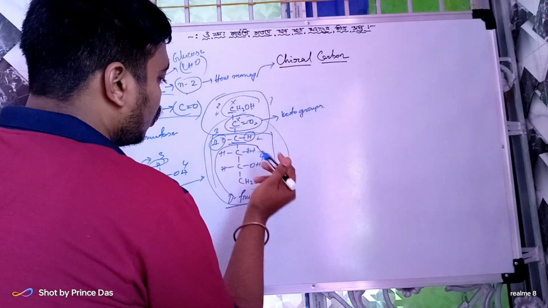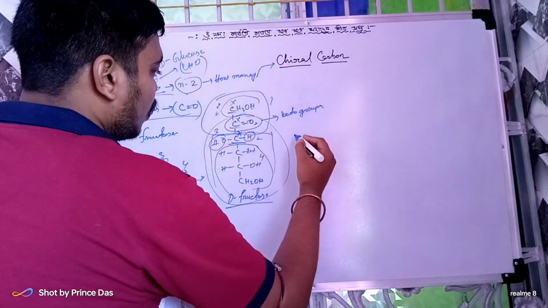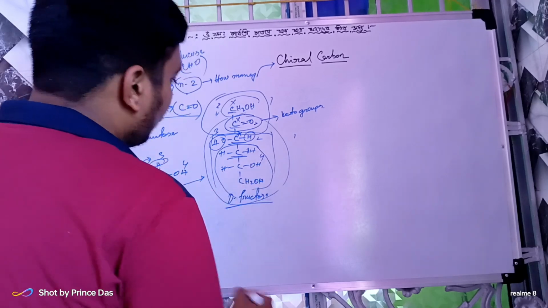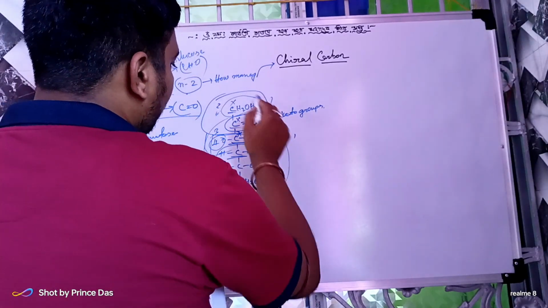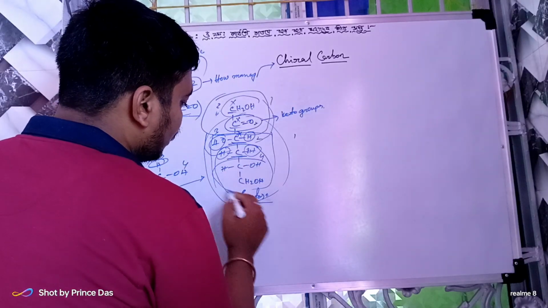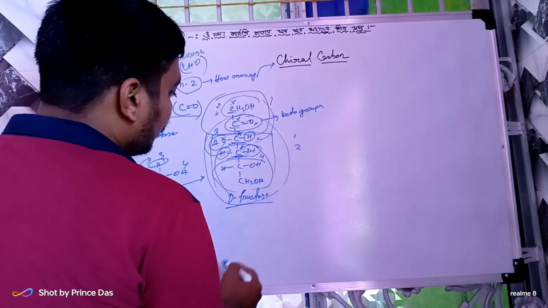So this carbon has 4 different groups, so this is a chiral carbon. One chiral carbon we got. This one also: 1, 2, 3, rest others 4. So this is also a chiral carbon. Again we got another one.